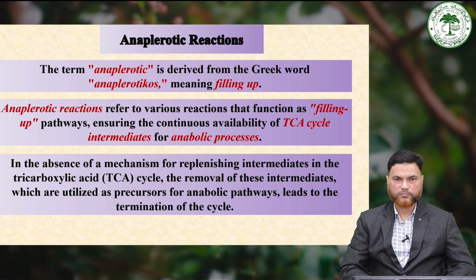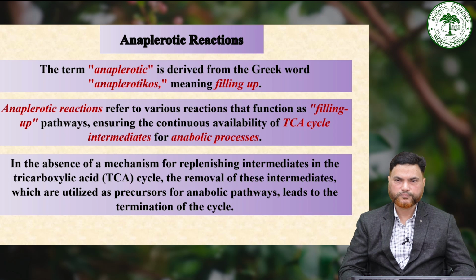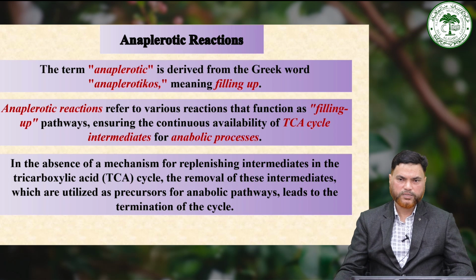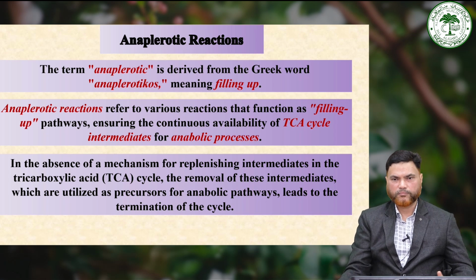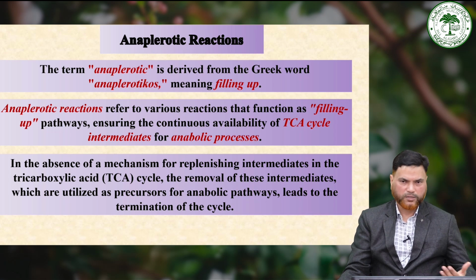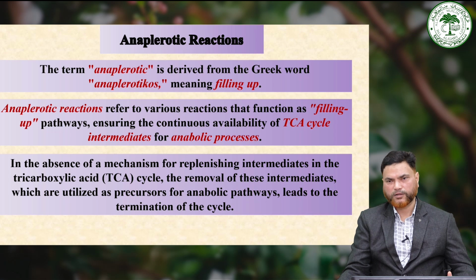Now, in the plant cell, one of the ways of replenishing the intermediates is by cytosolic oxaloacetate. The plant mitochondria are characterized by specific oxaloacetate transporters located in the inner membrane.